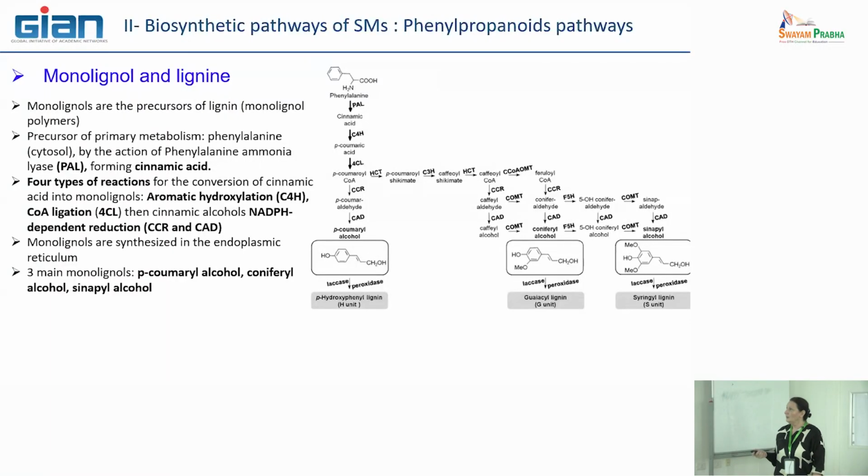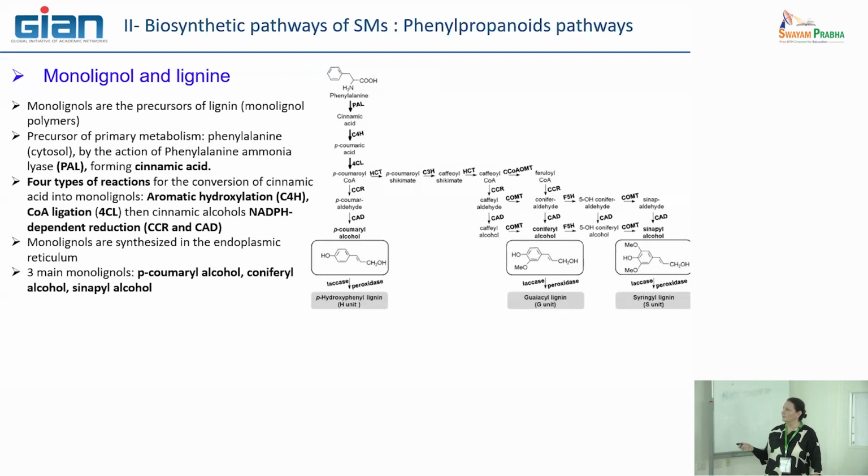It is always modified. So these monolignols come from always the same precursor, phenylalanine, and as I have shown you just before, we can produce this specific first precursor, p-coumaroyl coenzyme A. And what happens in this particular metabolic pathway?